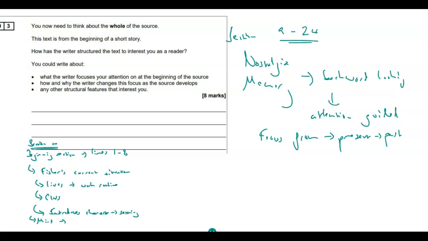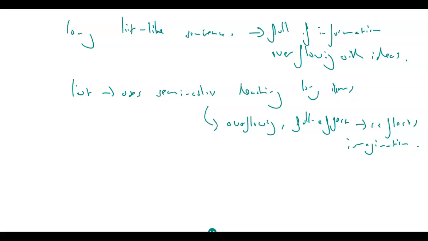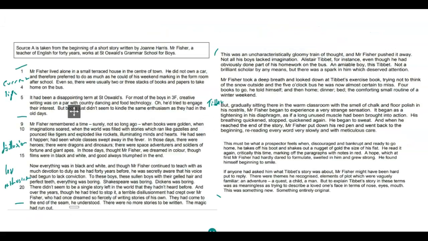There is a kind of glorious past, of imagination, it's kind of rich imagination, which we've analysed in a previous question. Stories, what did they do? They jumped, soared, pounced, exploded like rockets.